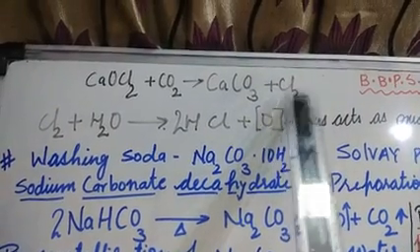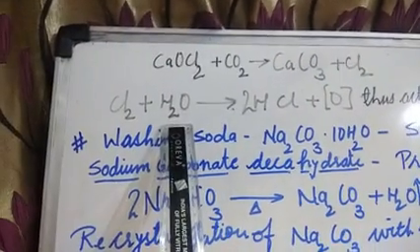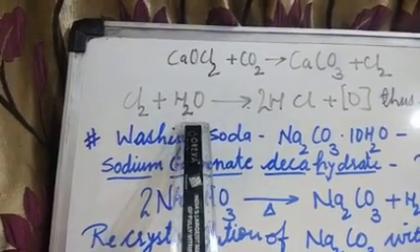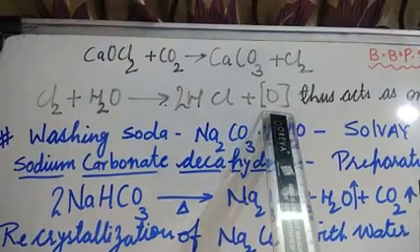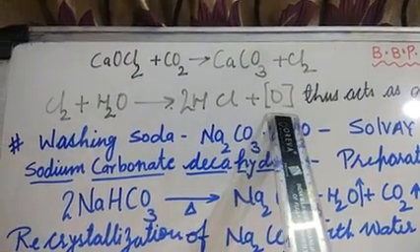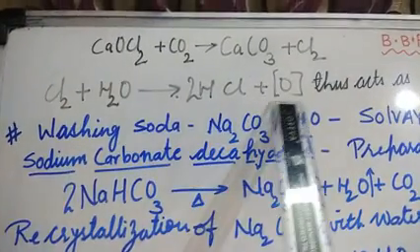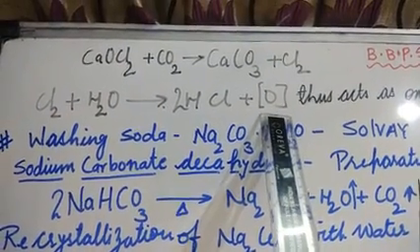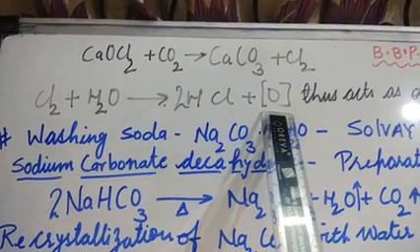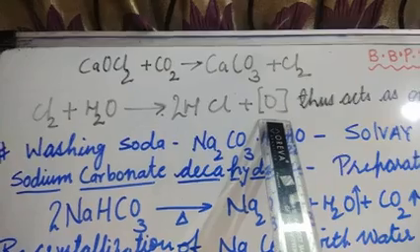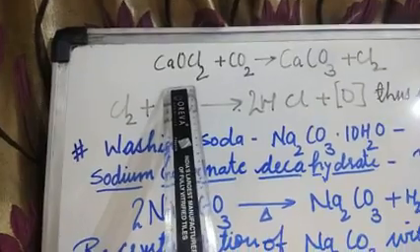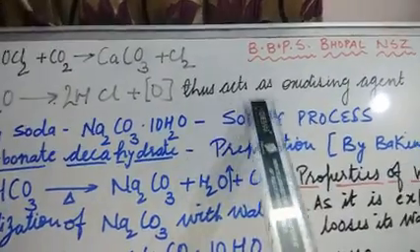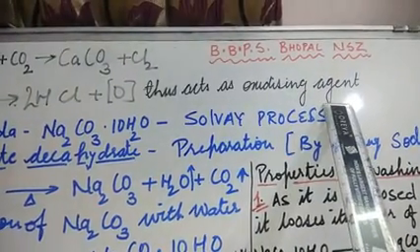As the Cl2 reacts with the moisture, water, it forms HCl and nascent oxygen evolves out. So in this way, this bleaching powder provides nascent oxygen. Nascent means single oxygen. So this bleaching powder acts like an oxidizing agent. Here I have written, thus bleaching powder acts as an oxidizing agent.